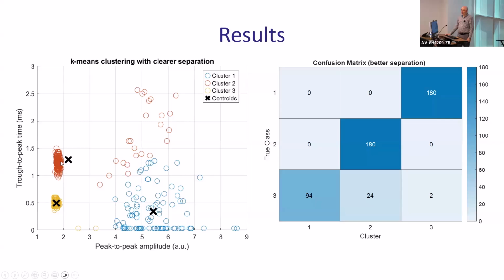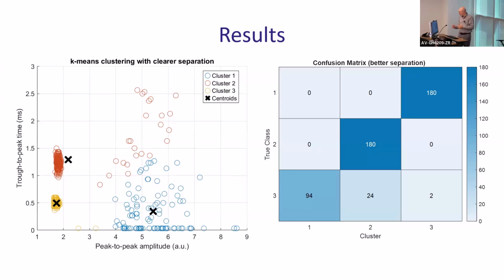Now, we don't know which one is which. K-means will not tell you if this is a narrow peak, wide peak, or noise. It will tell you this one is 1, 2, 3. That's it. You don't know which one is which. But you can interpret it by looking at the plot and what it means.